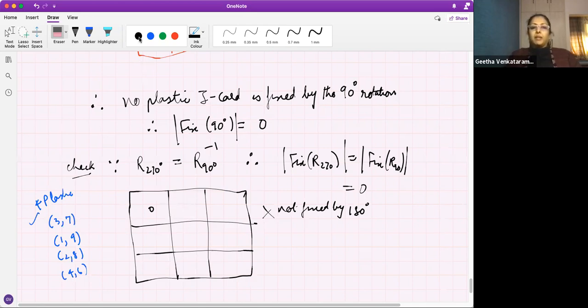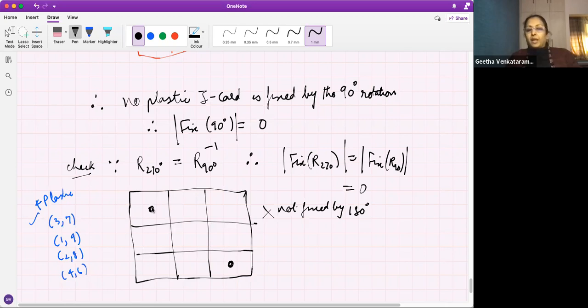Let's pick any one hole that is there already, say it's here. Then if this card is fixed by a 180-degree rotation, when I do the rotation on it, I will know exactly where this hole goes. It will go here. And this is the card which is then fixed by the 180-degree rotation.